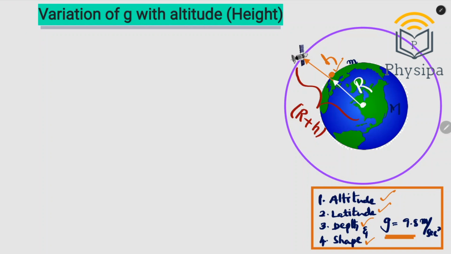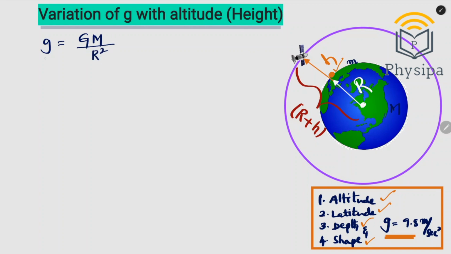From the relation between acceleration due to gravity and the universal gravitational constant capital G, we can write small g is equal to capital G capital M by r square.